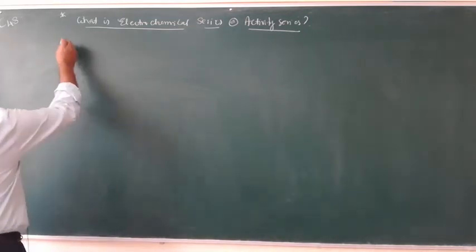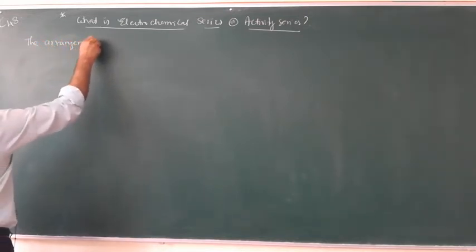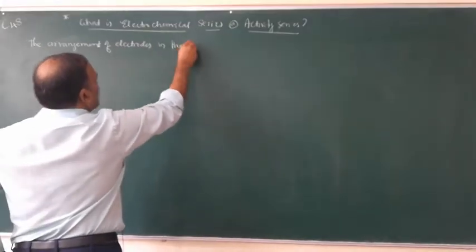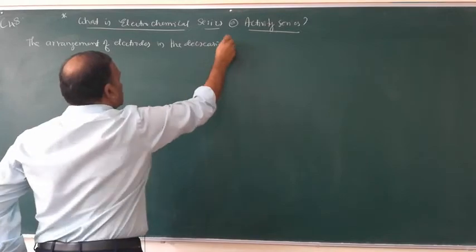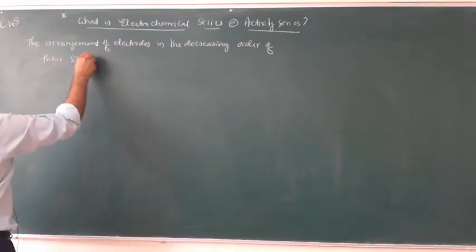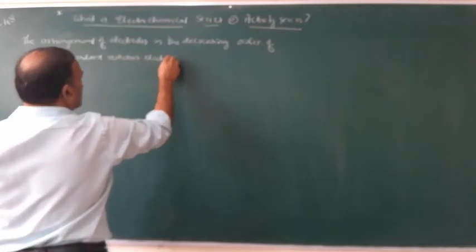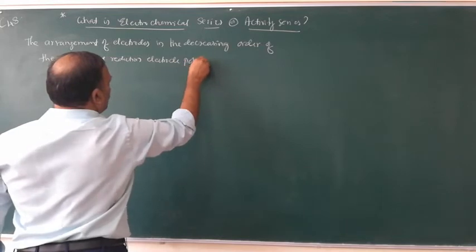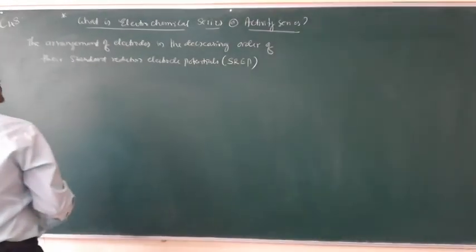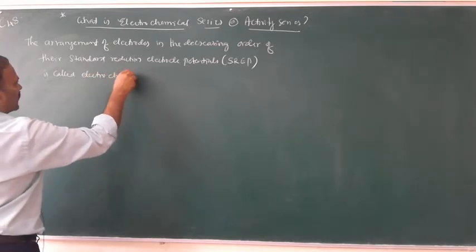What is electrochemical series? The arrangement of electrodes in the decreasing order of their standard reduction electrode potentials is called electrochemical series.